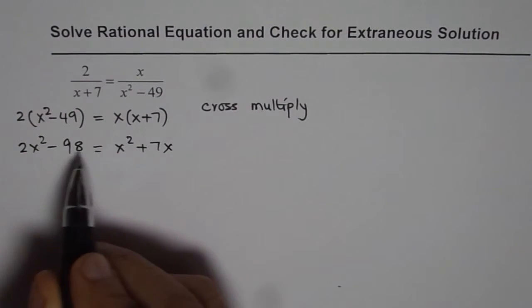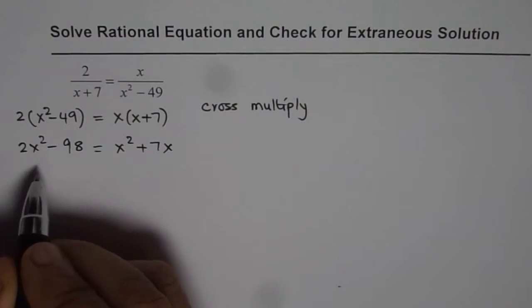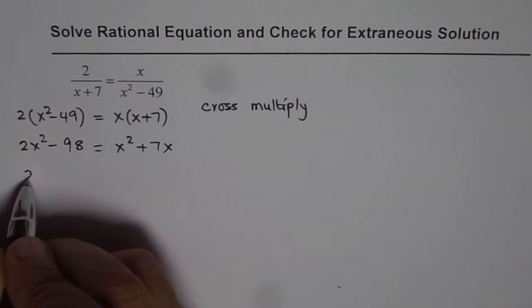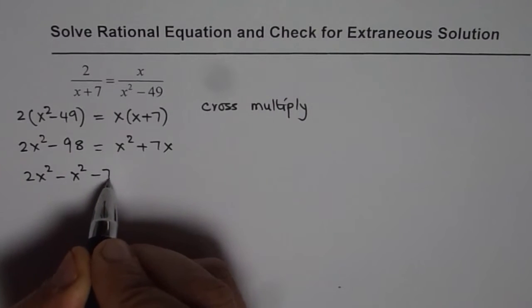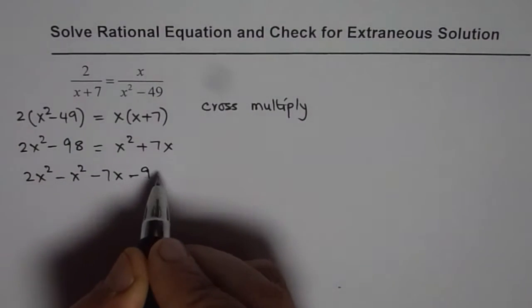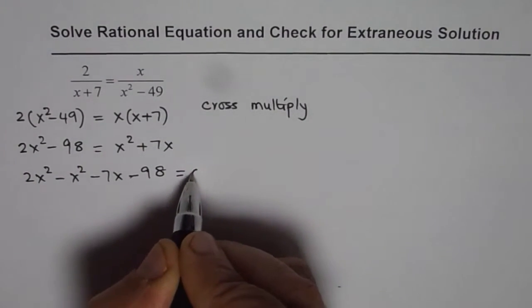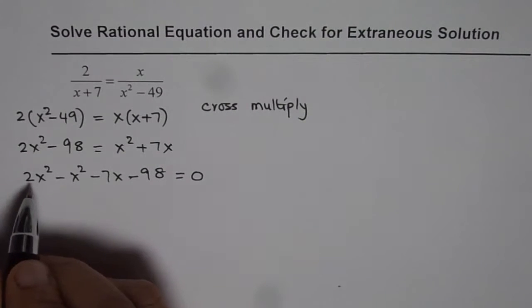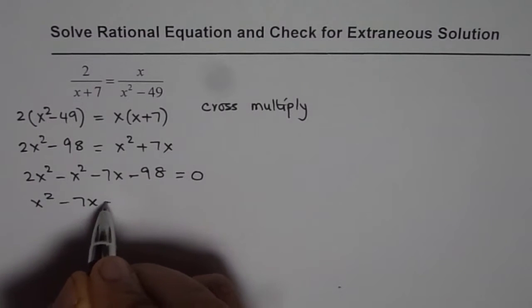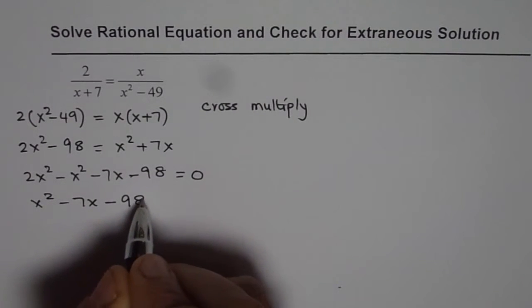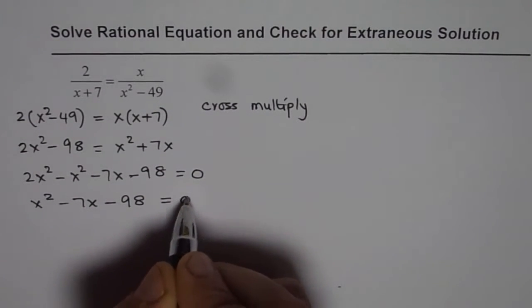So we can bring all the terms together and then we get a quadratic equation. We get 2x squared minus x squared minus 7x minus 98 equals 0, which gives us x squared minus 7x minus 98 equals 0.